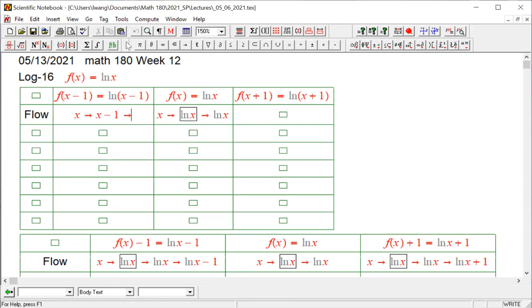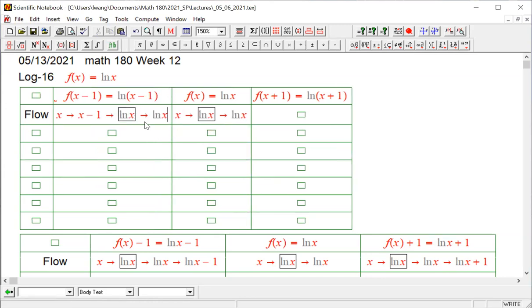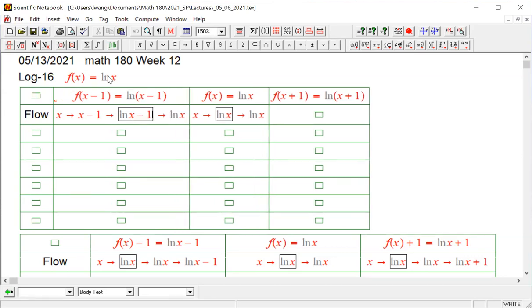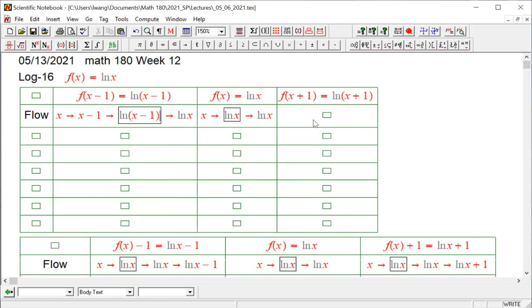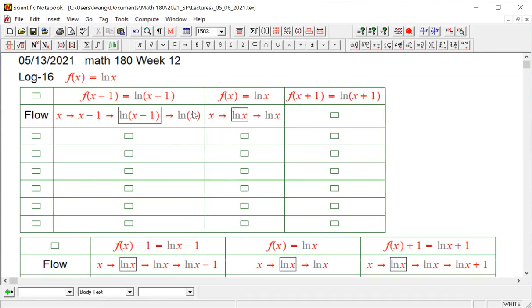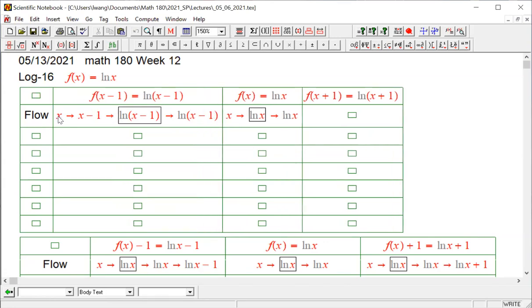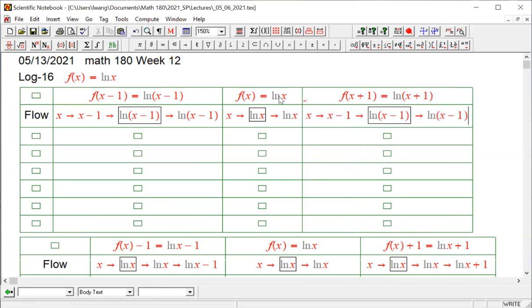Okay, and you see minus 1, plus 1. The parentheses, inside, outside, make a huge difference, right? And we're going to see here it makes a huge difference in terms of domain and range.